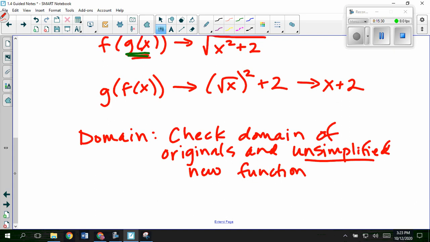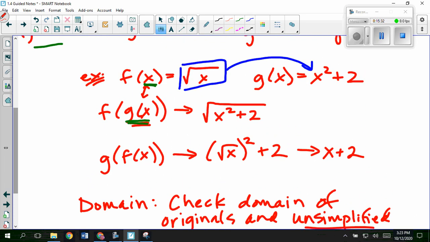So as I scroll back up here, kind of like what we did before, and I'm sorry, this is getting a little bit messy, but the f of x function, its domain was basically 0 to infinity. G of x, its domain originally was our friend negative infinity to infinity. So that did not have any restrictions.